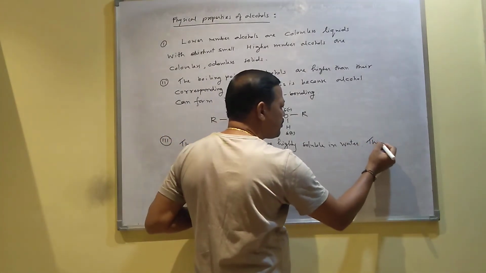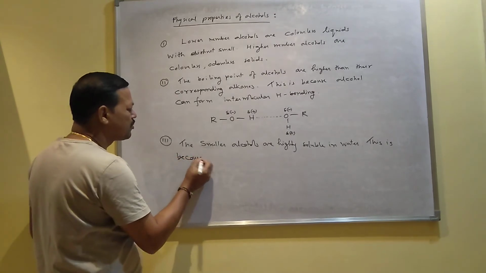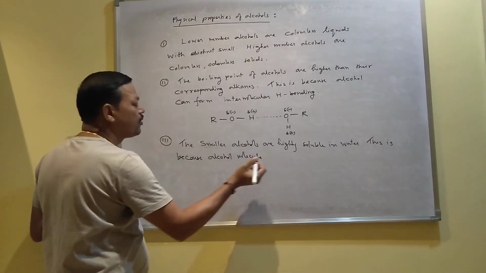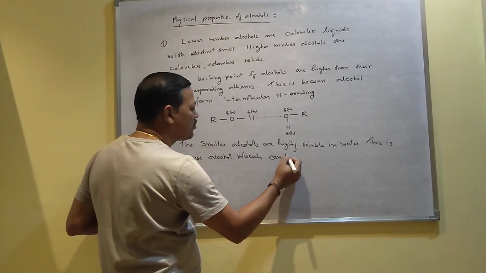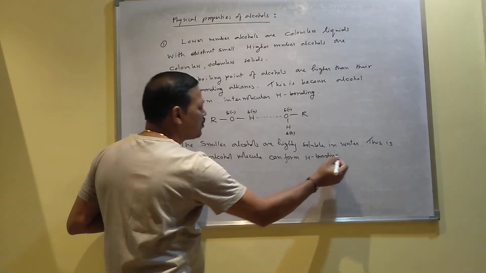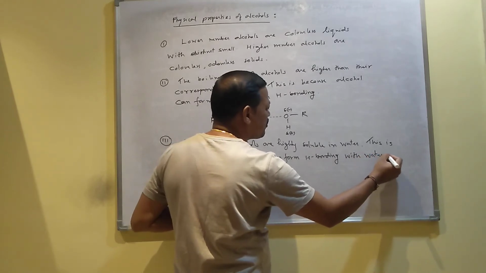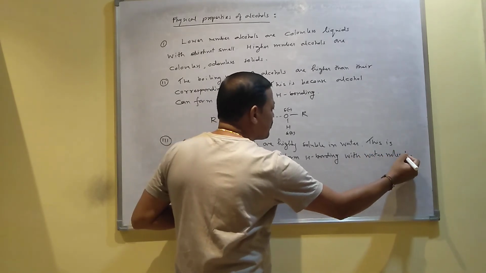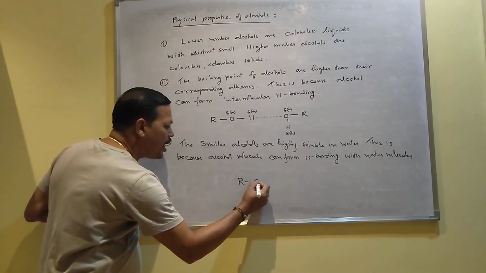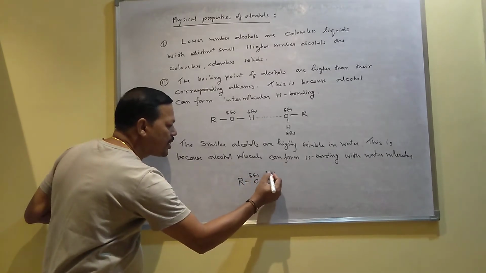This is because alcohol molecules can form hydrogen bonding with water molecules. I will show you how they form the hydrogen bonding. This is one alcohol, ROH. Since it is polar, it produces delta minus, delta plus.